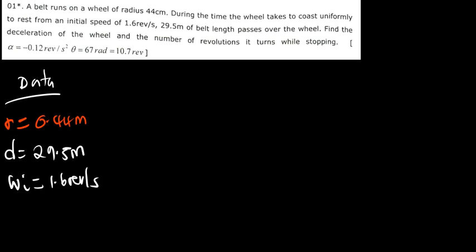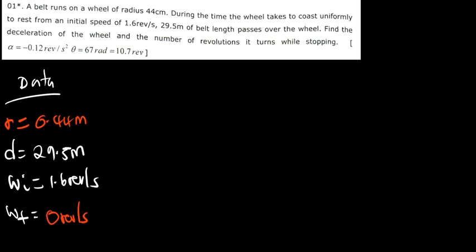What is the final angular velocity from the question? It's zero. Why? Since you've been told to find the deceleration, and the question says it coasts uniformly to rest, deceleration means the wheel was stopping.